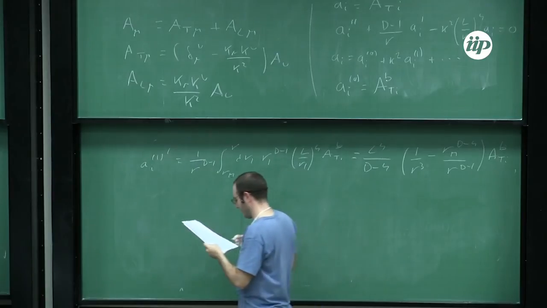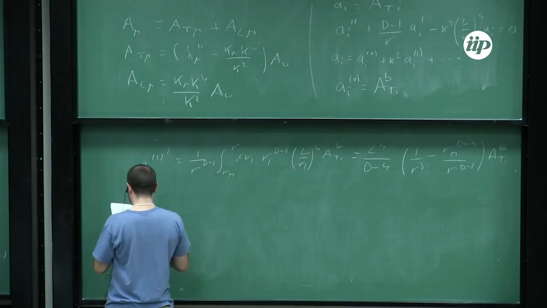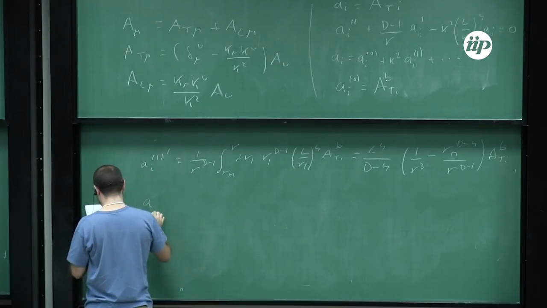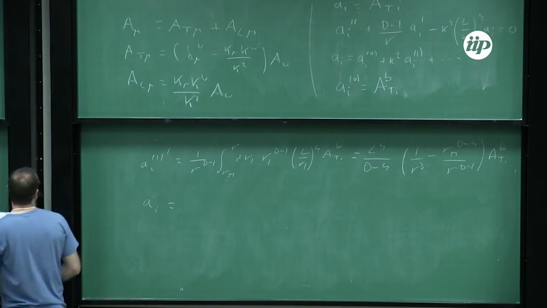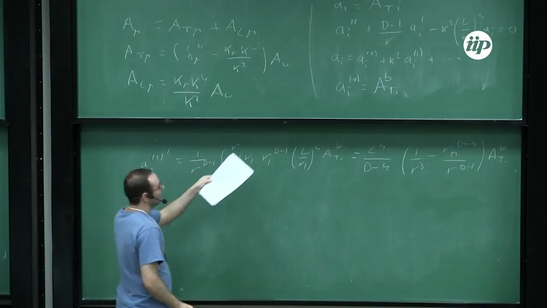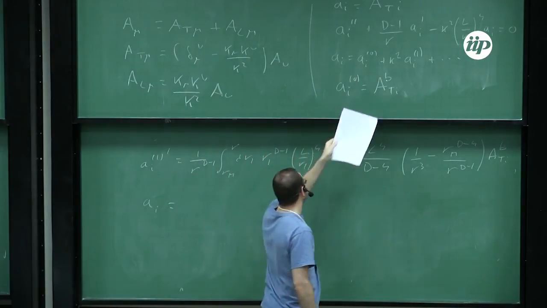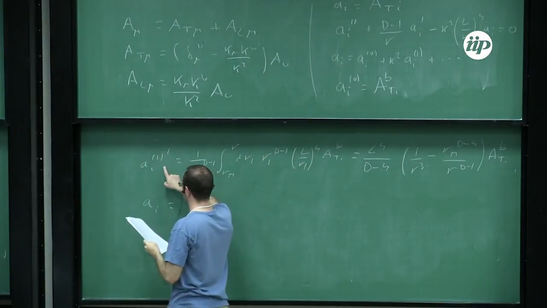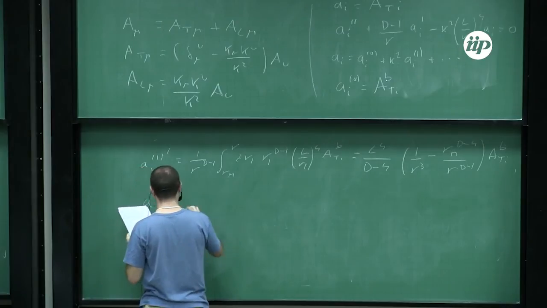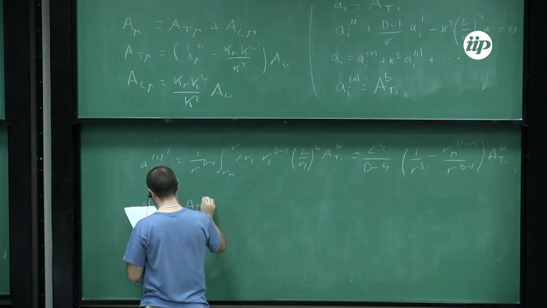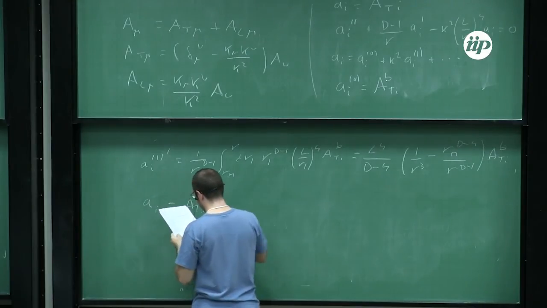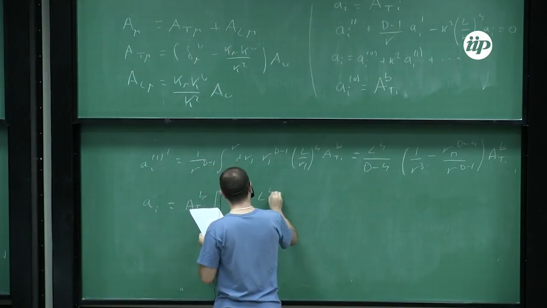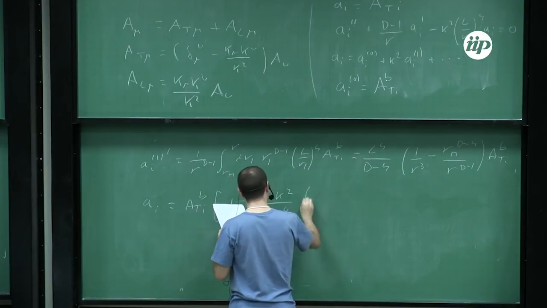And then if you impose that the leading term is given by the 0th order solution, so the constant term is fixed by this, then that fixes the integration constant. Sorry, to find A1 instead of the derivative. And then this is what you find for the solution to order k squared.